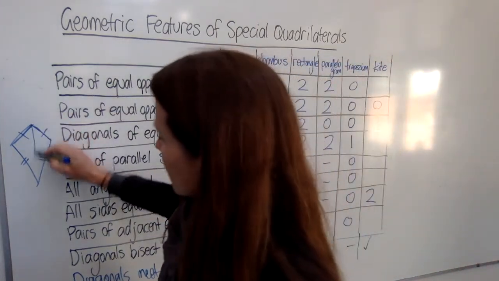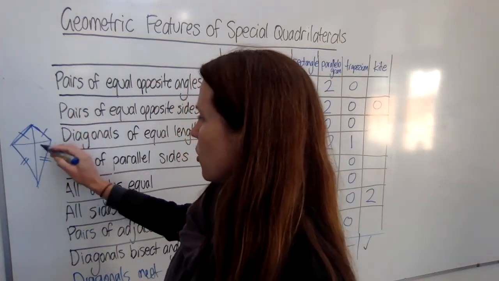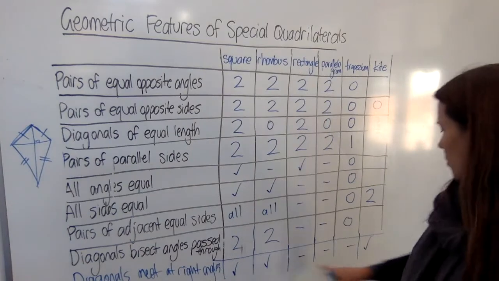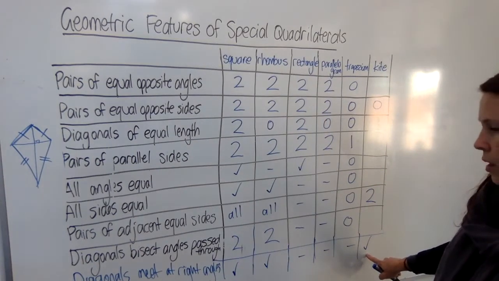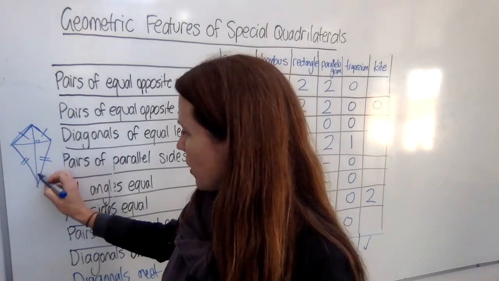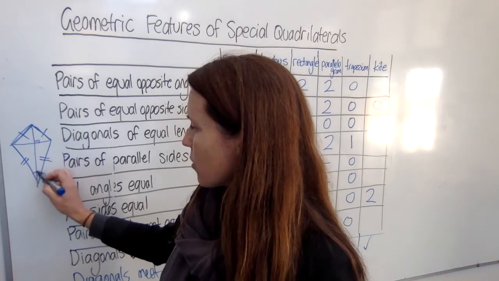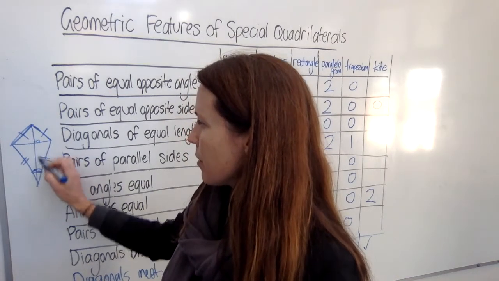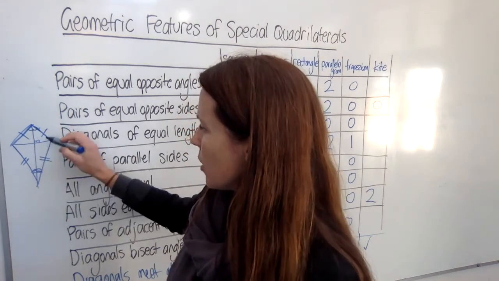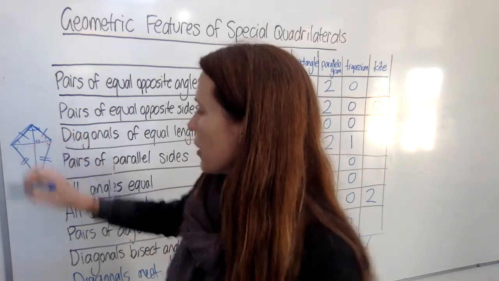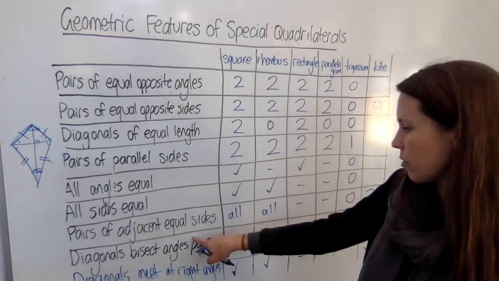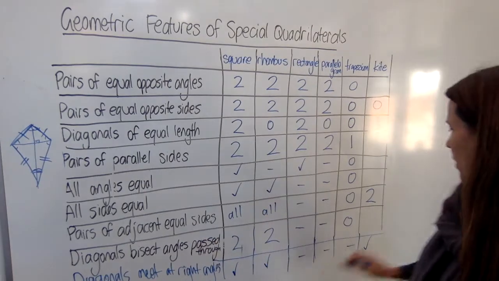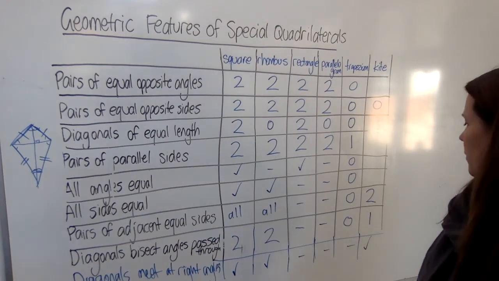The diagonals are different lengths, one's long and one's short, but they do meet at right angles, which we've already put in there. Now, one of them bisects the angles it passes through, so these 2 angles would be the same, and these 2 angles would be the same, but these 2 you'd get a big one and a little one. So when we say here the diagonals bisect the angles they pass through, only one of them does.